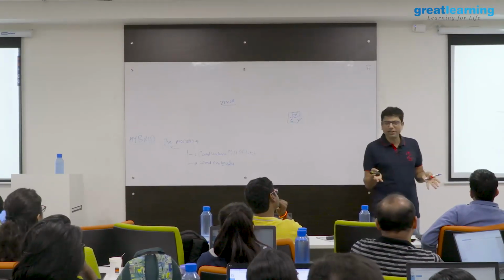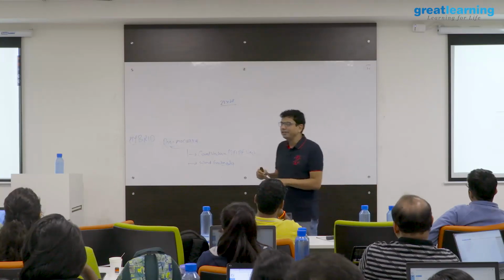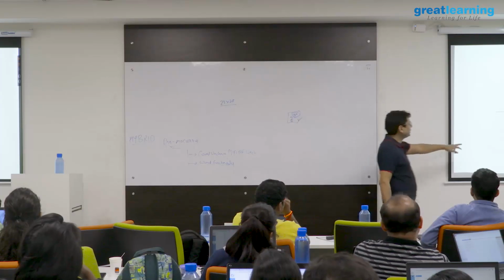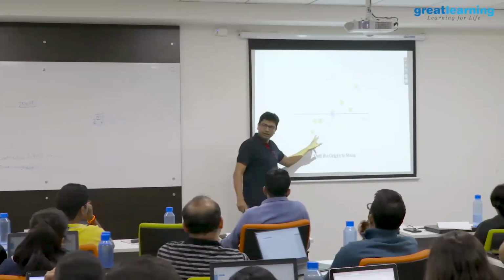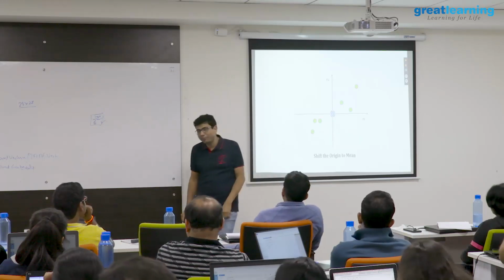But their relative position is still the same. Although actual values might change, this one is still in the bottom left part, and that one is still in the top right part.